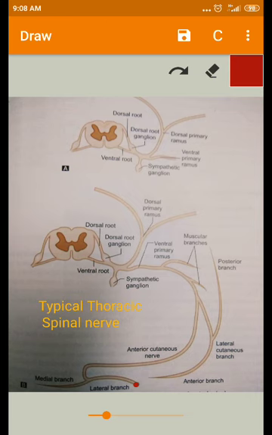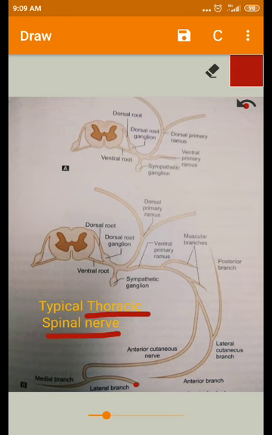Now we are going to see the typical thoracic spinal nerve. That means this nerve only supplies the thoracic region. It does not join with any other nerves.